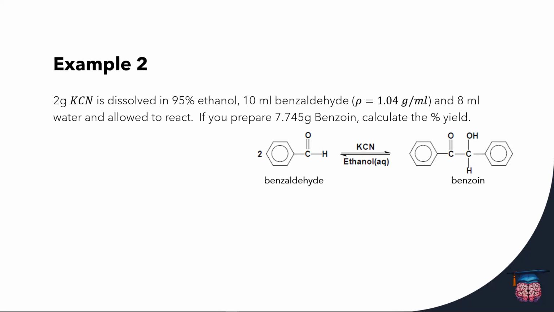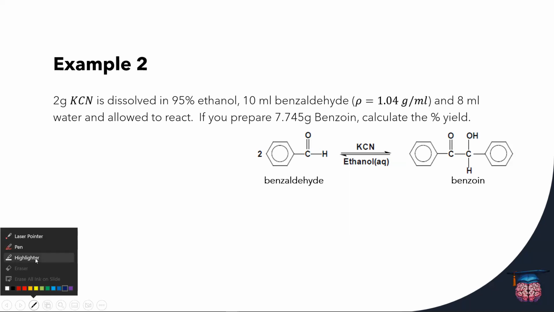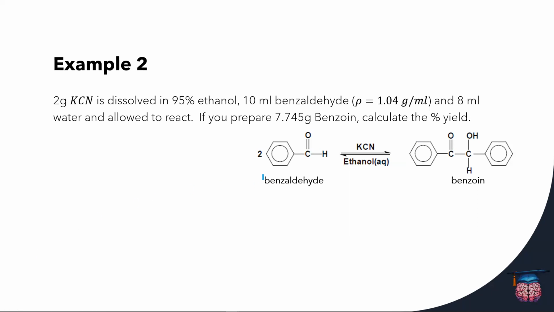Okay. Step 1, always check to see if we have a balanced equation. And for convenience sake, this equation was already balanced. Step 2, we need to go and identify our reagents. So this would simply be the benzaldehyde because the potassium cyanide is a catalyst and the ethanol is a solvent.